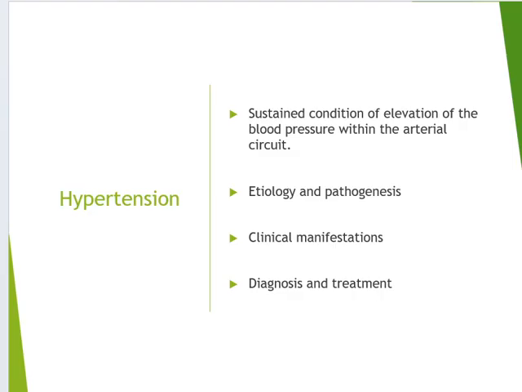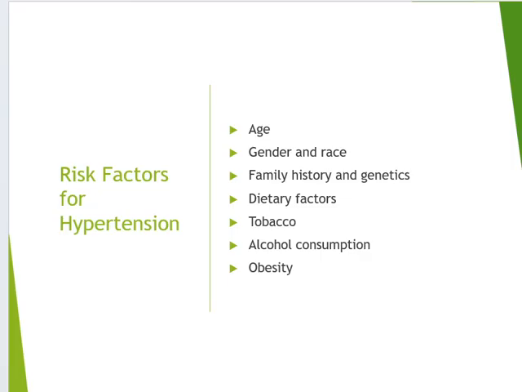If that doesn't work, then typically medical management, where we start with maybe diuretics or ACE inhibitors, and then we keep adding in more and more medications until we can get blood pressure under control. Also, those patients would need to be more closely monitored for all of those end organ clinical manifestations that we just mentioned.